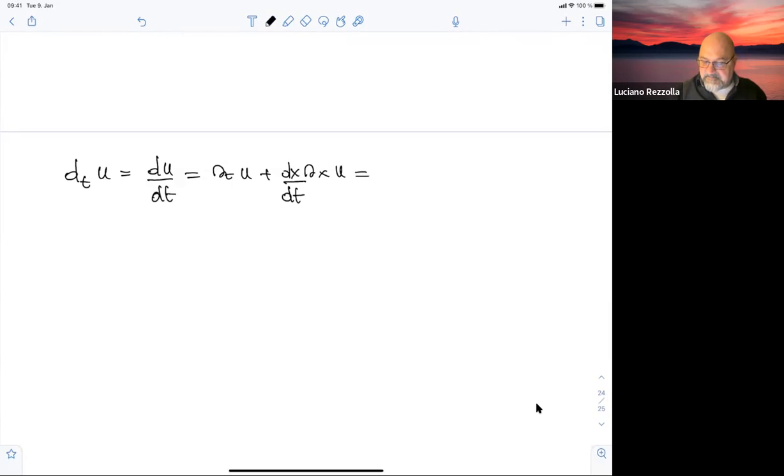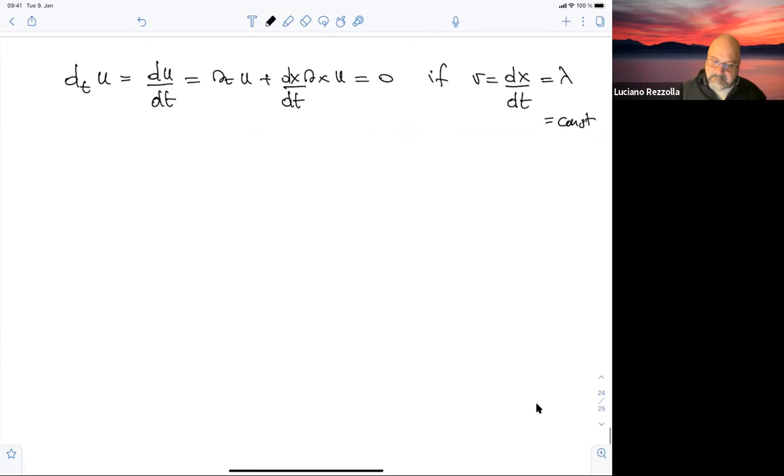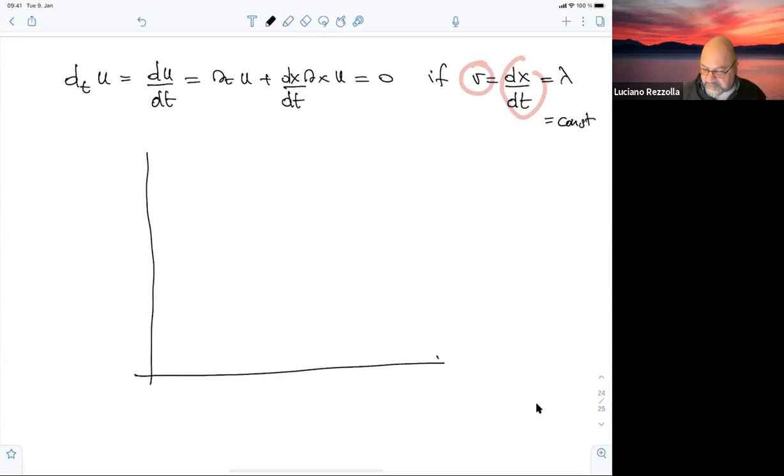And this is going to be 0 if v is equal to dx dt, or if you want, this is going to be a certain direction, lambda equal a constant. So that is why we talk about characteristic direction. V, that is this slope here, is setting a velocity in a space-time diagram.